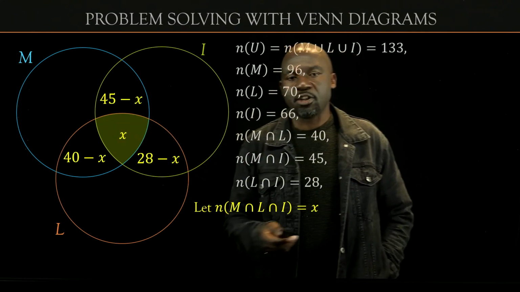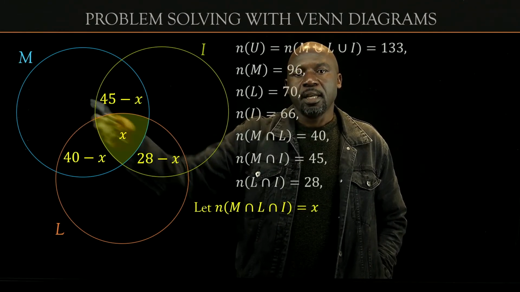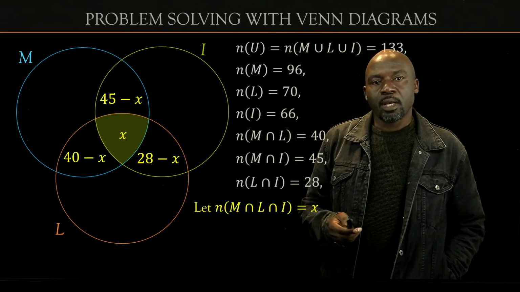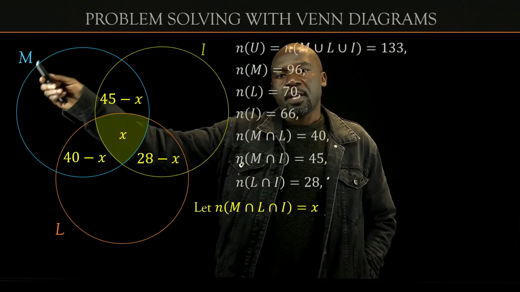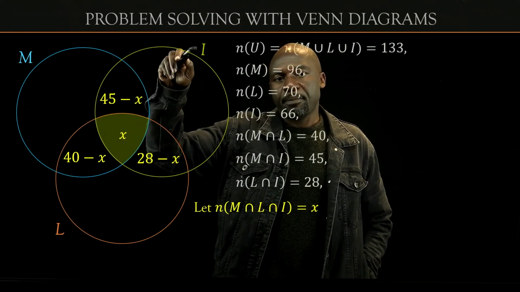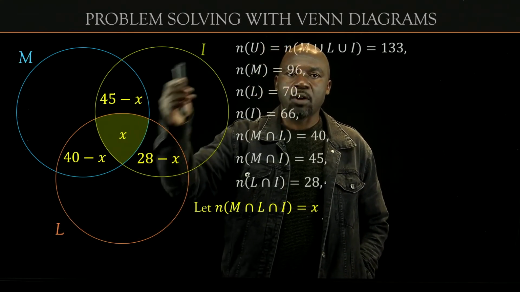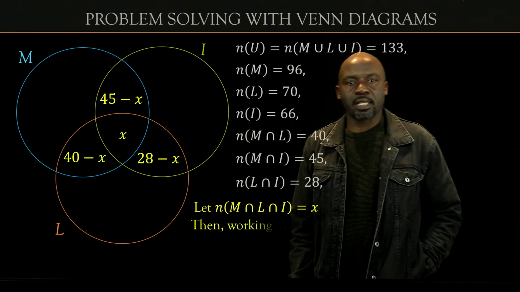They only have mining shares, okay? So I'm going to find this number here, and by the way, that will be the number of elements in M intersection I complement intersection L complement. In other words, outside L and outside I, okay? So let's find that out.